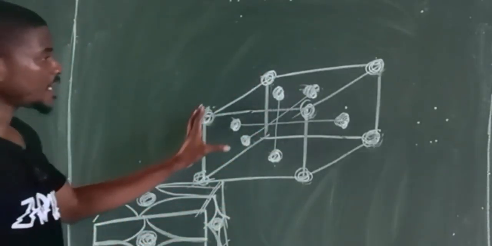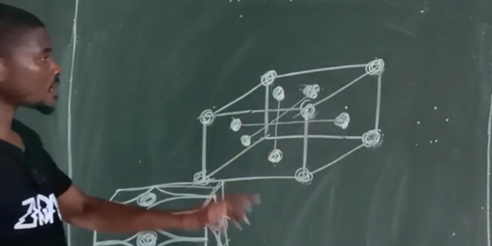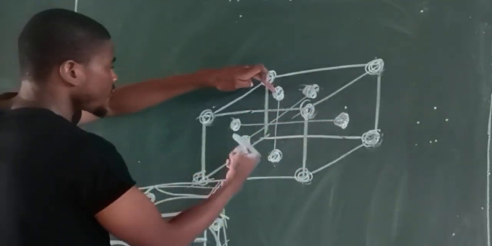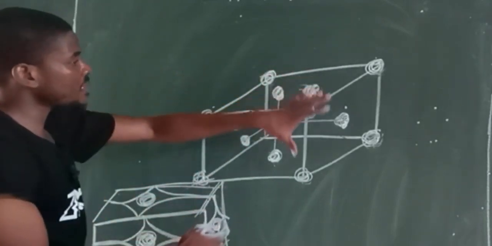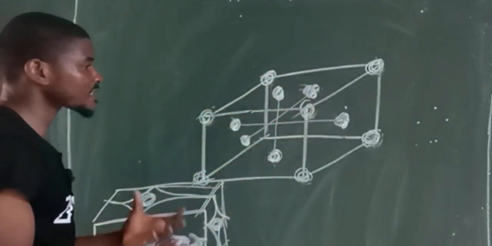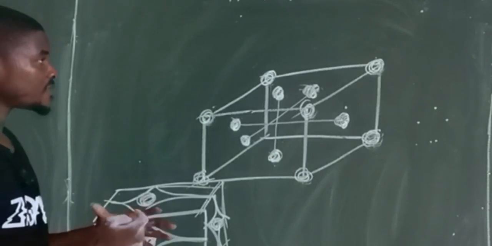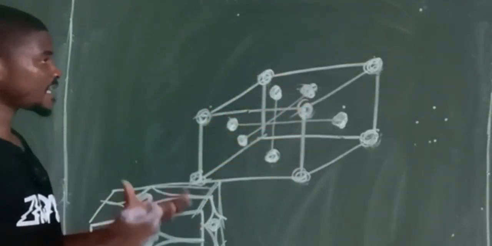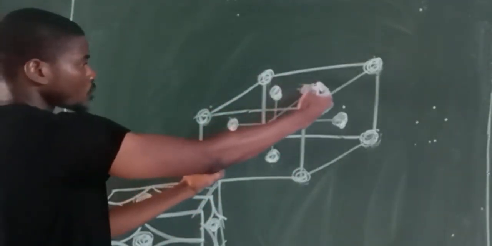So in general, in the central atoms, you have up to 1, 2, 3, 4, 5, 6. But these are not six atoms in general. It means these six atoms are sharing. This face is sharing with this face to produce one.